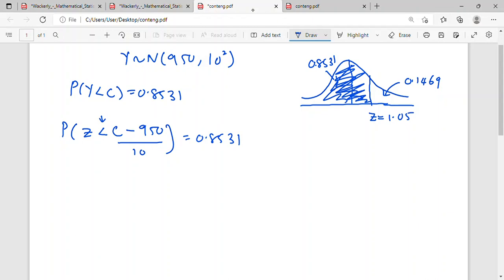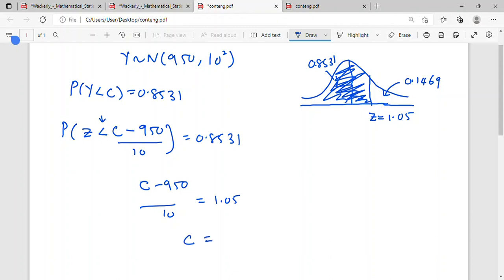So means that kita boleh tulis C minus 950 over 10 equal to 1.05. Positive value 1.05.